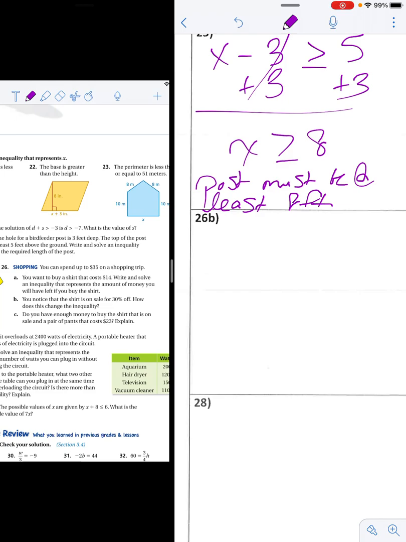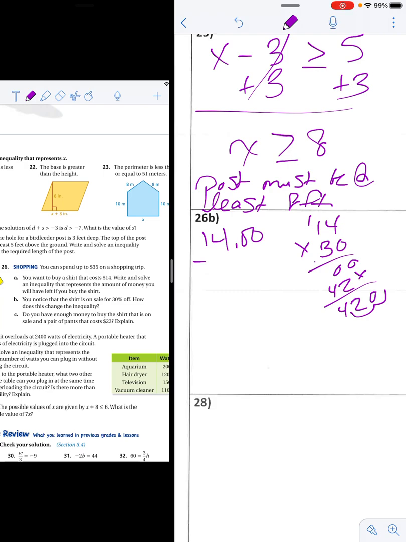26B, you notice that the shirt is on sale for 30% off. How does this change the inequality? The shirt was $14, so I need to figure out what is 30% off of the shirt. So $14 was the shirt, 30% off.